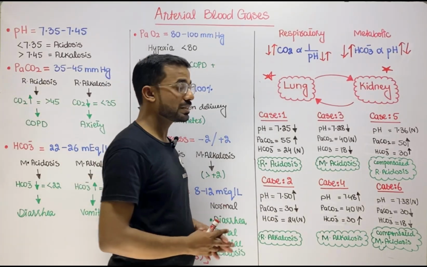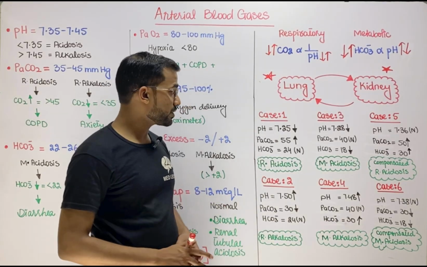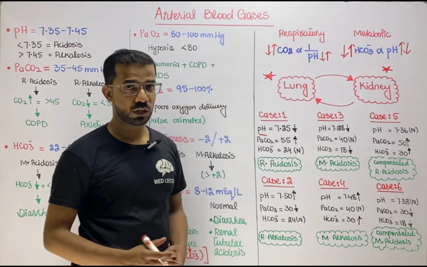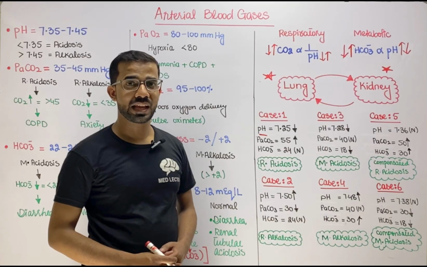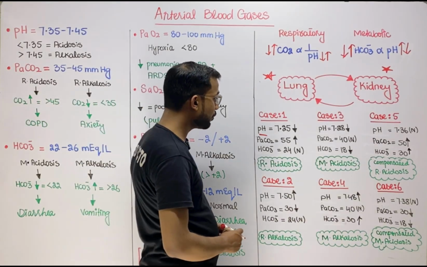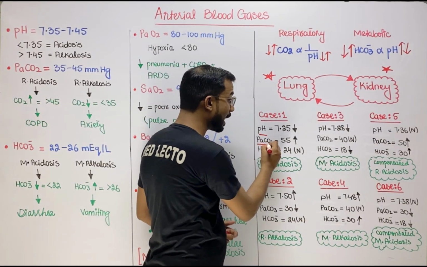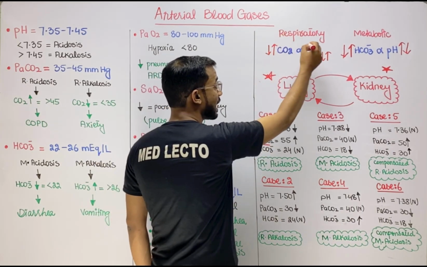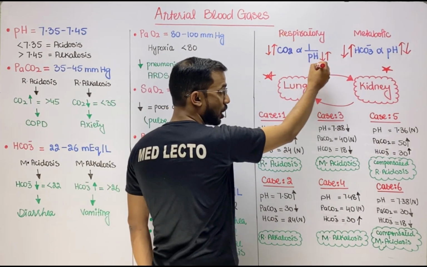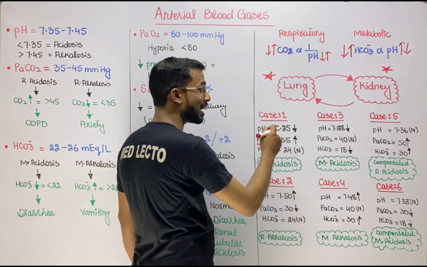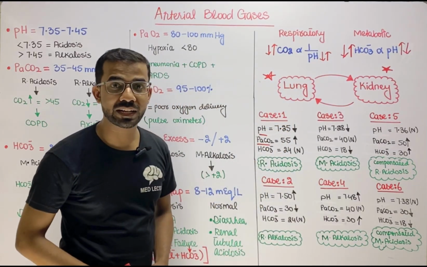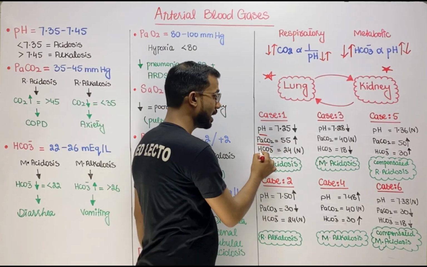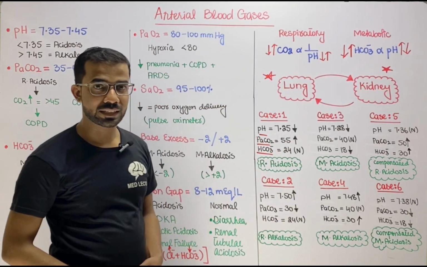So we have 6 clinical cases. First, if the pH is low, it will be acidosis. But you will also see the carbon dioxide is high, high concentration of carbon dioxide and low pH. So it will be acidosis. And what type of acidosis? Respiratory, due to the increase in the concentration of carbon dioxide, and bicarbonate is normal in that case.